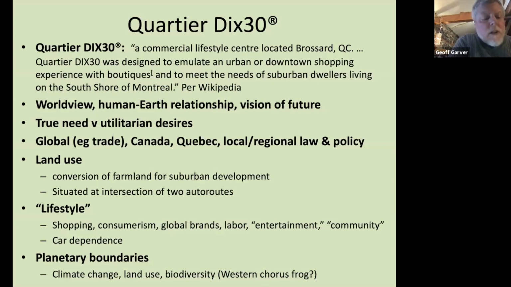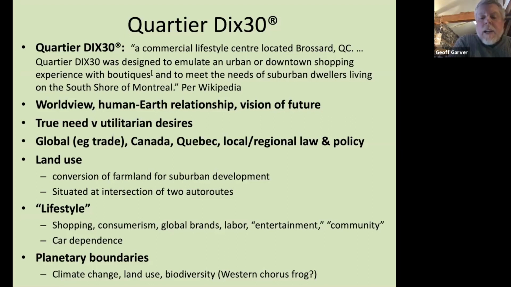And it promotes a certain notion of community, which I would say is pretty far removed from a mutually enhancing human-earth relationship. Now, in terms of planetary boundaries, those might not be obvious, but the car dependence and other aspects of this would certainly have implications for climate change. Land use is a planetary boundary, so that would be something to investigate.